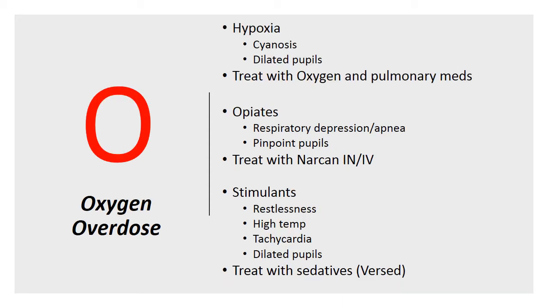For O, oxygen's the first thing we're going to talk about. So, hypoxia. Everybody's pretty familiar with what hypoxia is. You're looking for that cyanosis around the lips, around the nail beds, the pink gums. No matter what race you are, a lot of that skin where it's pink is pink on everybody.